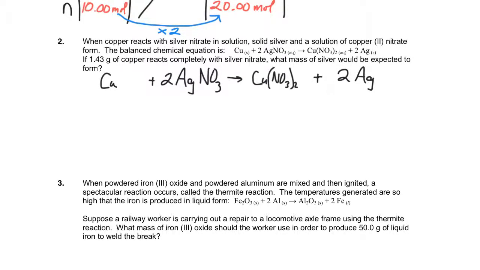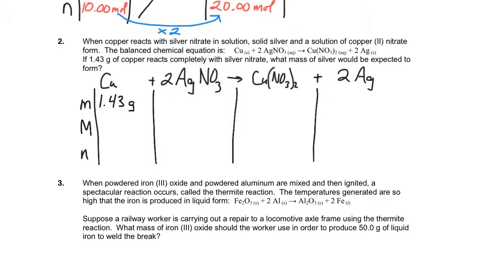I'm going to start by writing out my balanced chemical equation, just like I did before. I'm going to set up my stoichiometry grid: mass, molar mass, number of moles. Fill in the information that I'm given in the question. Figure out what I'm asked to find.